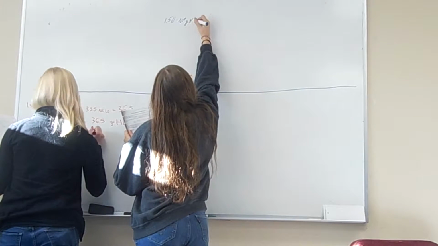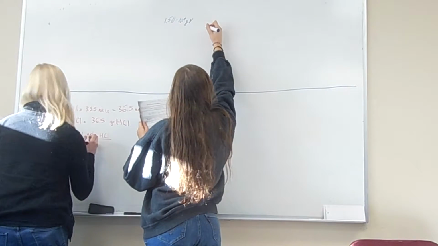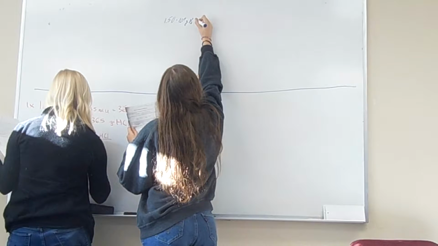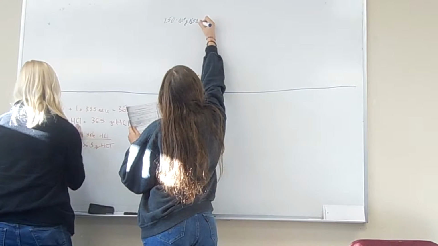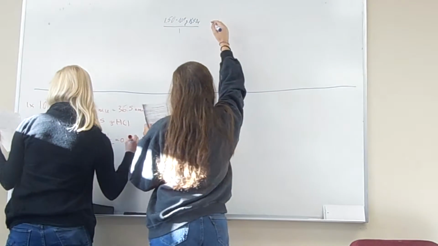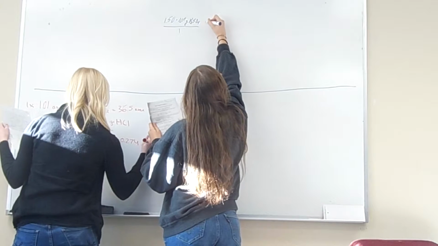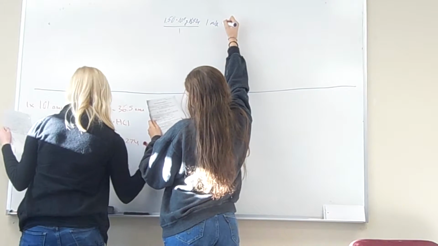Compare answers with your neighbor if you want, and then if one of you has a different answer than the other, you can try to figure it out. Also think about your significant figures.